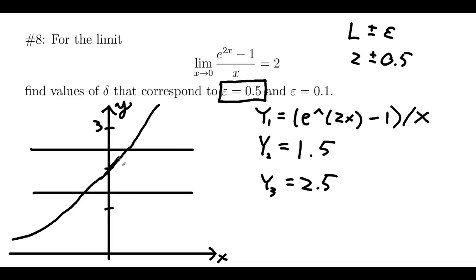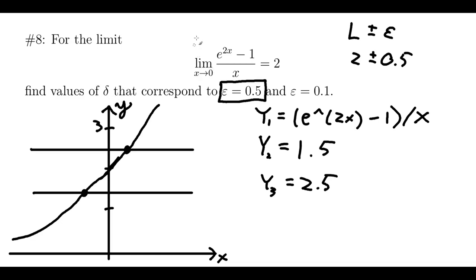And you'll see, of course, that there will be 2 points of intersection here. We're asked to find values of delta that correspond to that value of epsilon. What they're asking us for here, the delta, means the difference or the deviation, the distance that we can stray from the x value that we're approaching.